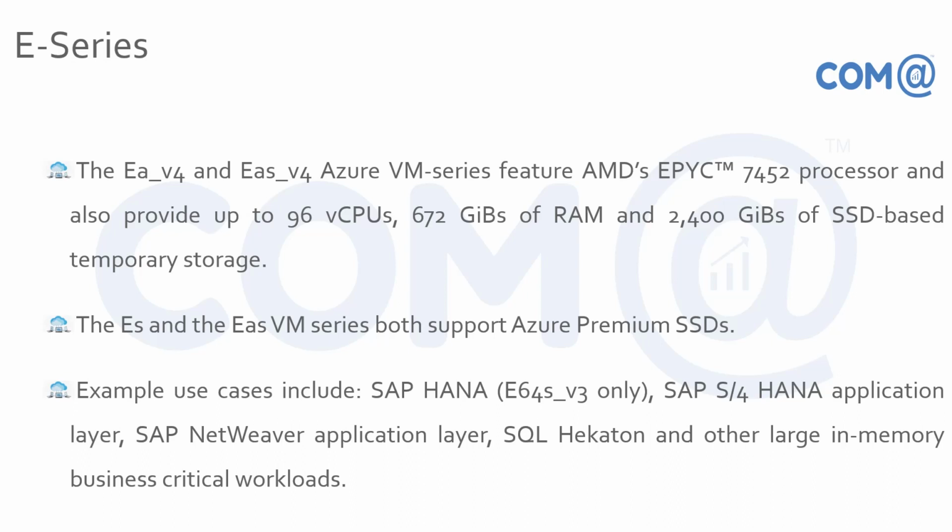The EA and EAS virtual machine series both support Azure Premium SSDs. The example use cases are SAP HANA and SAP S4 HANA application layer, SAP NetWeaver application layer, SQL Hackathon and other large in-memory business critical workloads.